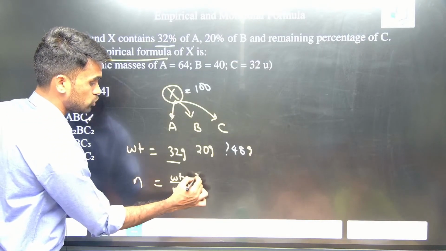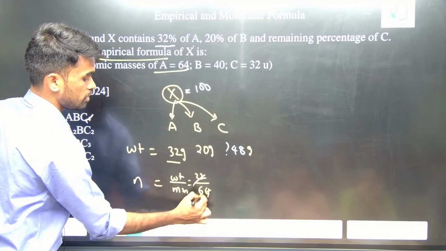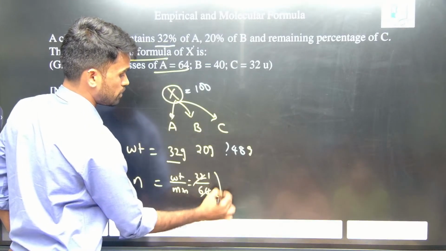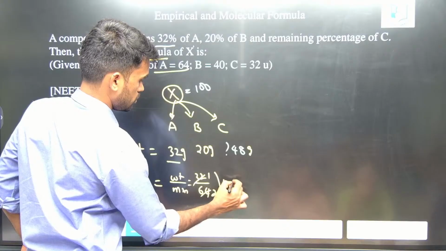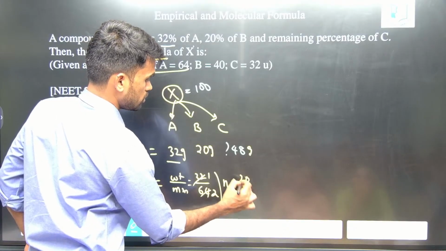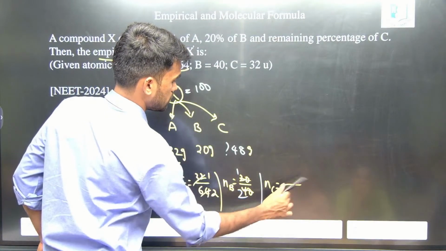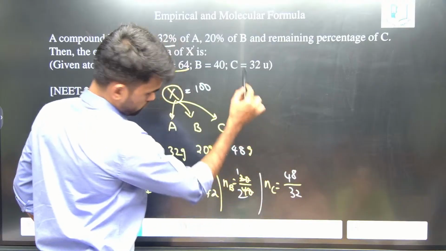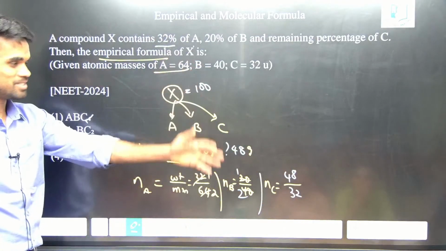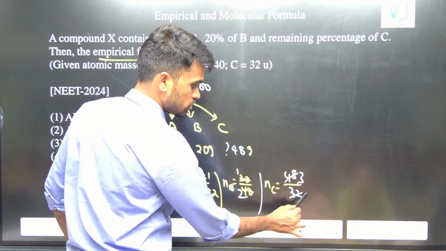So 32 by 64, they have mentioned, this is 1 by 2, and similarly for B, 20 by its molar mass, and for C, 48 by 32. So this will be 3 by 2.